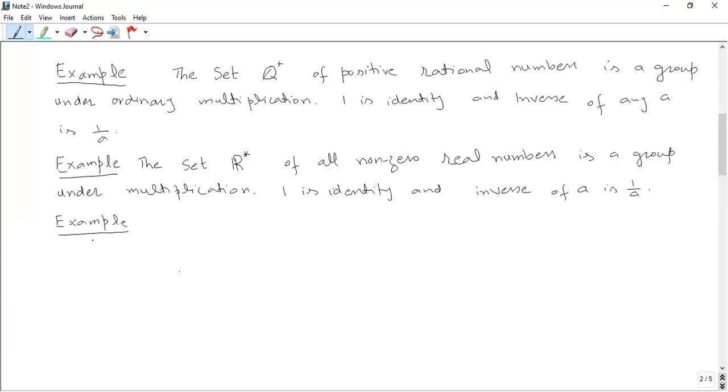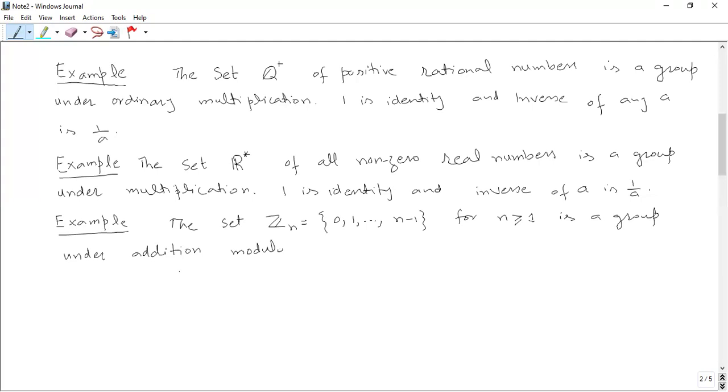Here we have another example, which is the set Zn, which is actually 0, 1, and so on up to n minus 1, for any n greater than or equal to 1, is a group under addition modulo n.